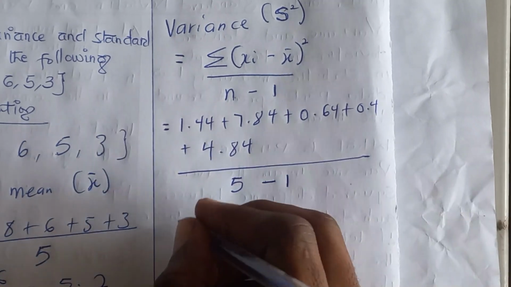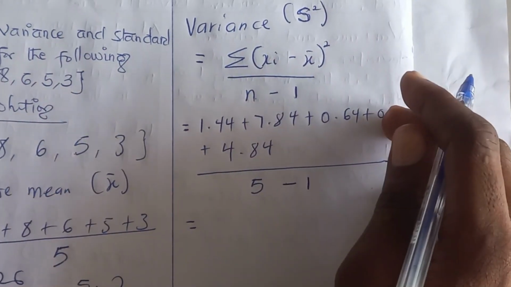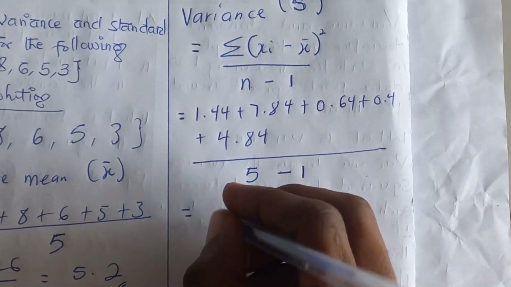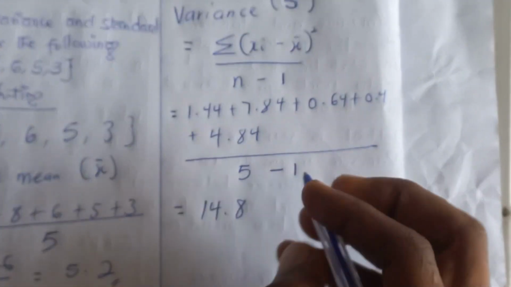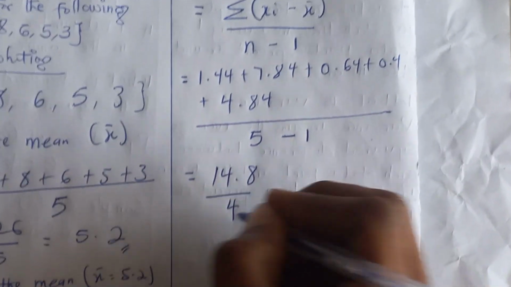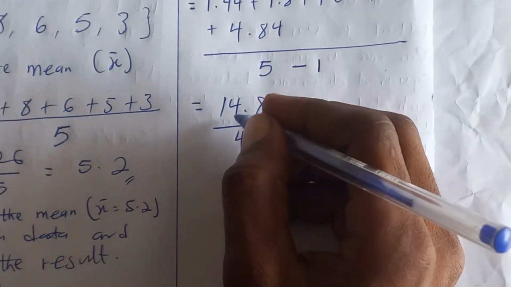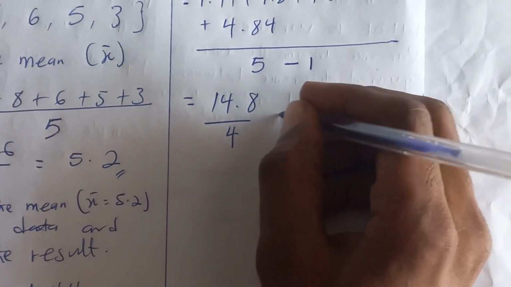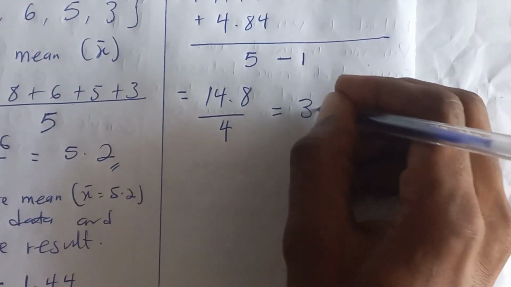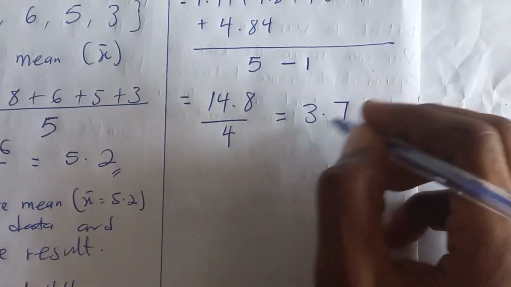When you sum up everything here, you are getting 14.8, and 5 minus 1 is 4. So 14.8 divided by 4 gives 3.7. This is our variance.